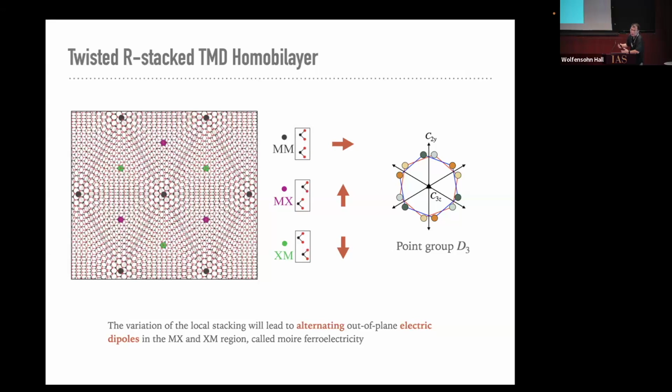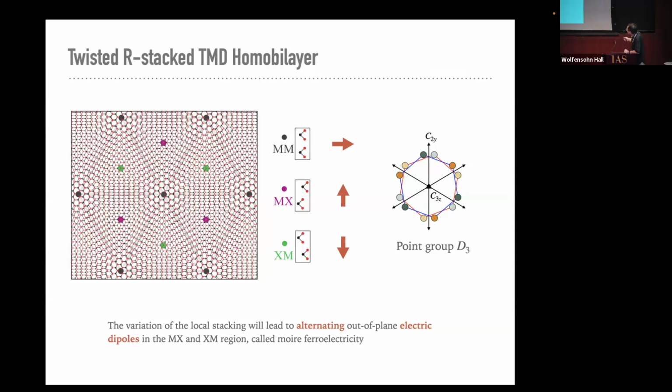Okay, so now if you want to think in terms of electric dipoles, because inversion symmetry is gone and the mirror symmetry is gone, an out-of-plane dipole is symmetry allowed, and they must have opposite dipoles. But if you look at the MM stacking, even though the inversion symmetry is gone, we still have the mirror Z reflection. So in that case, you can only have an in-plane dipole rather than an out-of-plane dipole. So that's the very, very important information we're going to use later.